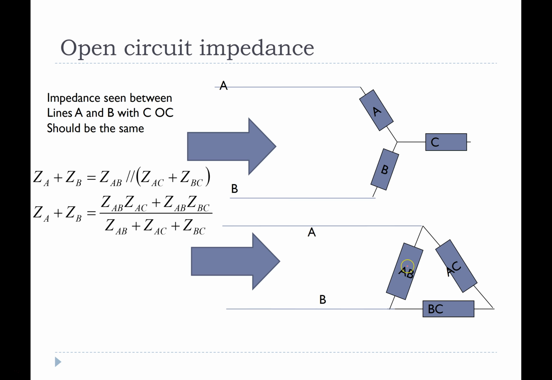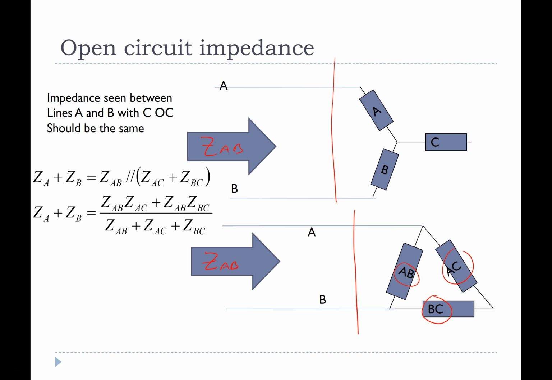What we want to find out is what these impedances have to be such that a source connected to these points will not be able to tell the difference between these two networks. So I want the impedance looking into here to be equal to the impedance looking into here. I want ZAB to be the same thing here, ZAB.